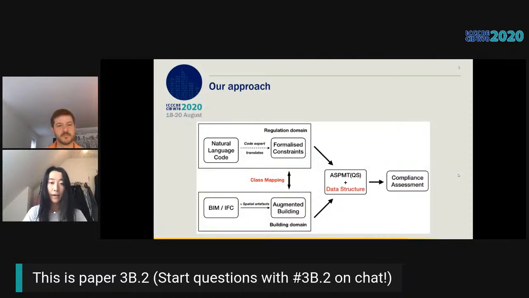So this will allow code engineers to focus exclusively on code semantics without worrying about runtime or how the rule is being executed. And this also provides a way that is extensible and scalable to maintain a large code base against real-world buildings. Next slide, please.